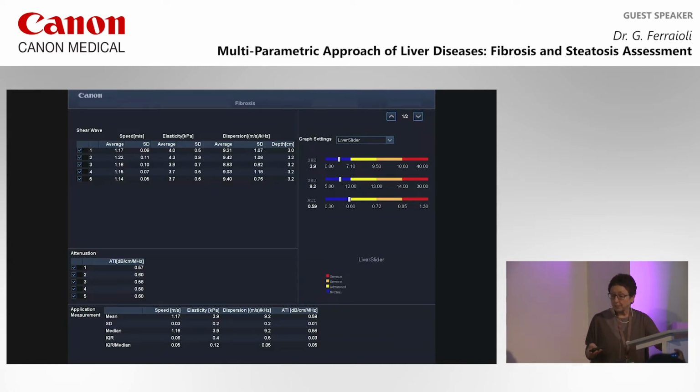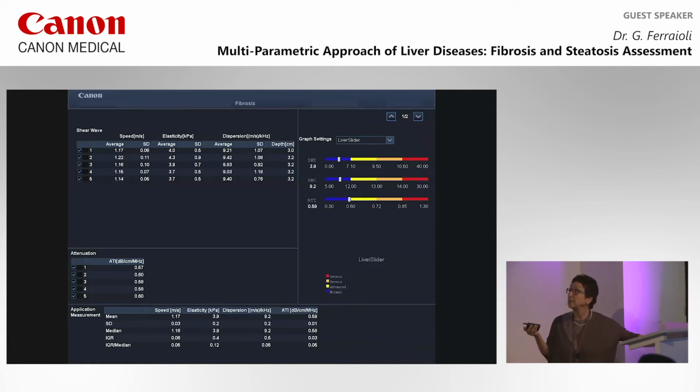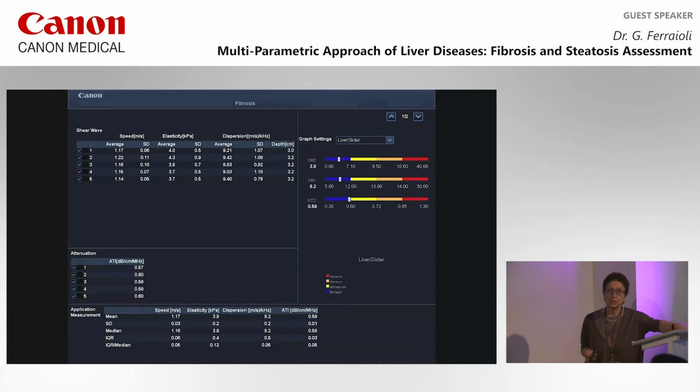And on the report, we have all the measurements that have been performed, as you can see here, for shear wave elastography, and results are reported either in speed, in meters per second, or using the unit of the Young's modulus in kilopascal.